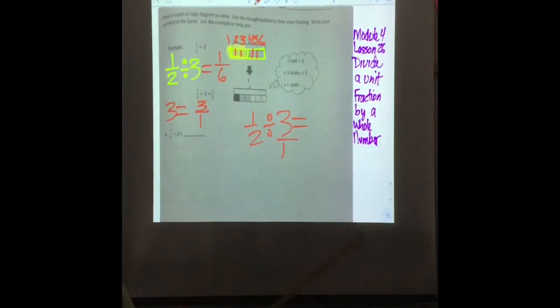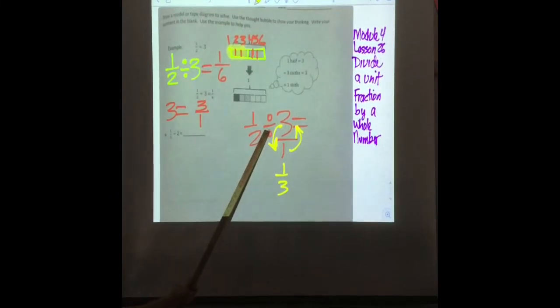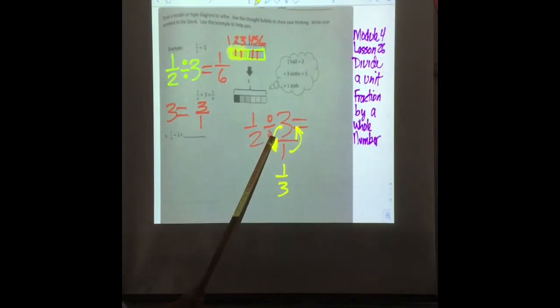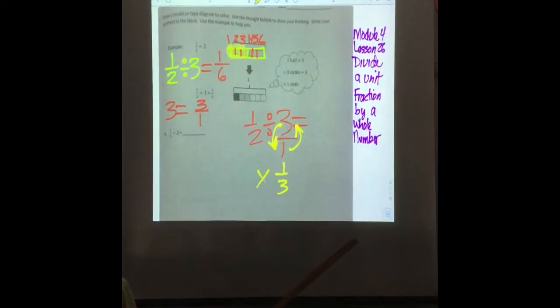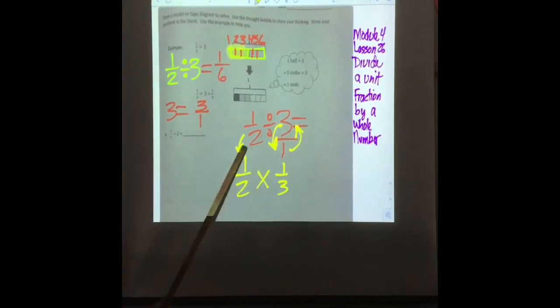Now we have to flip it over. So we're going to have 1 over 3. When we flip over the right fraction, we do what with the sign? We flip the sign to a multiplication, and then we leave our half. We just bring it down.